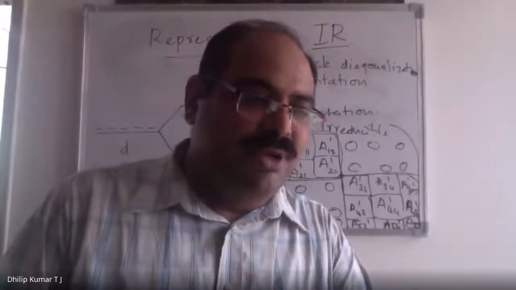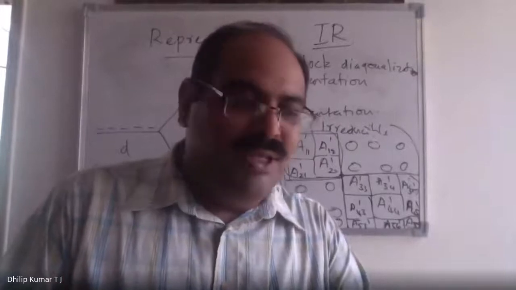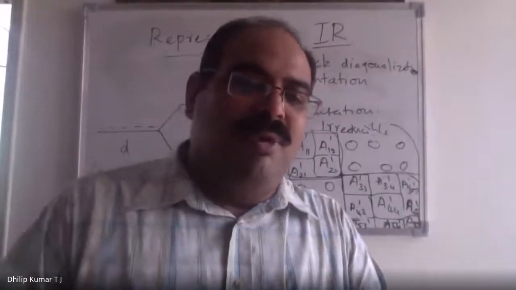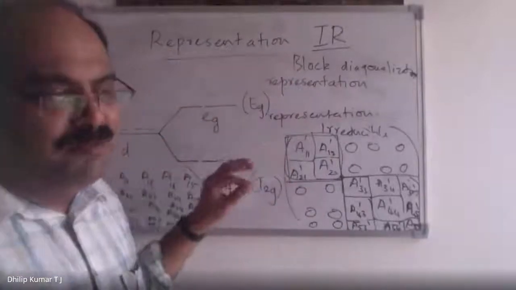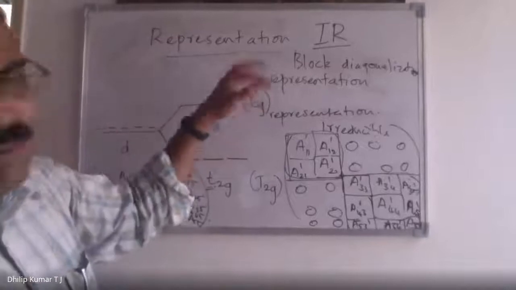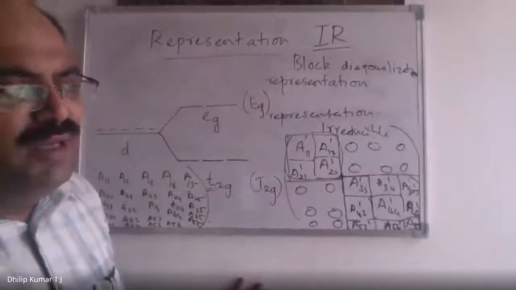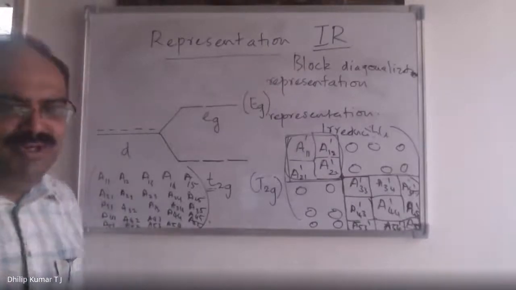We find out the symmetry of vibrations. So after doing that, then we'll jump to the d orbitals. But to understand the representation, I just took a d orbital to convert from reducible representation to irreducible representation.